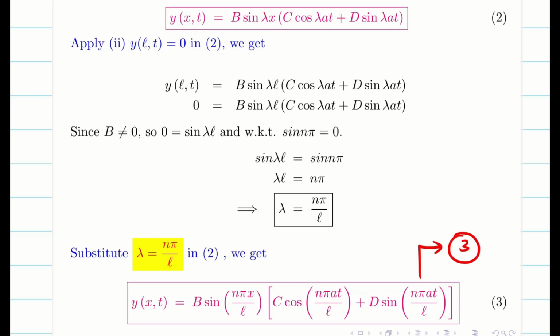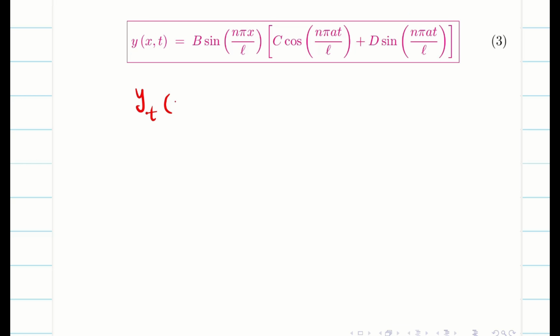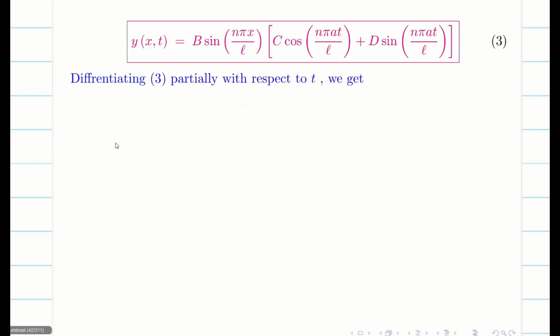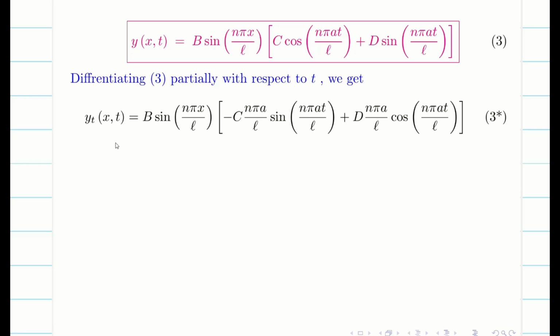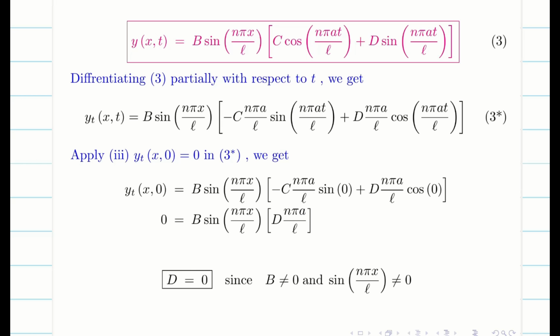Take it as 3. Now my third condition is y_t of x comma 0 is equal to 0. So we need the derivative. Differentiating 3 partially with respect to t, we will be getting this equation. I'm considering this as 3 star. Now apply the third condition in 3 star. We will be getting this, and we have D equal to 0.